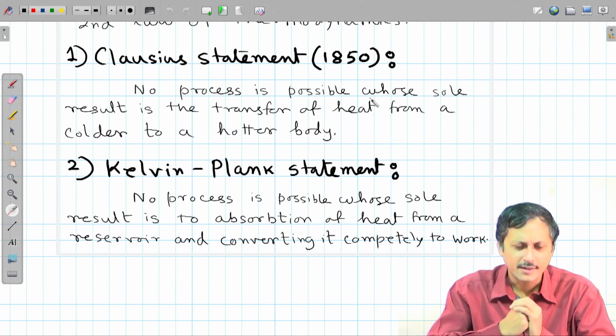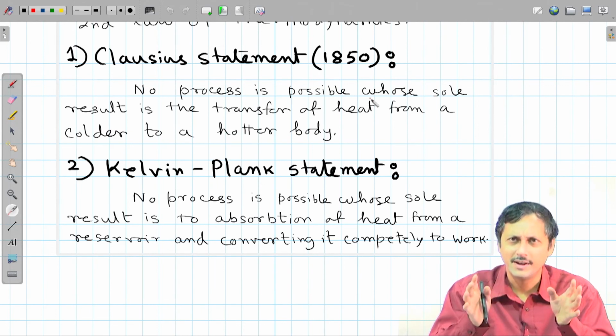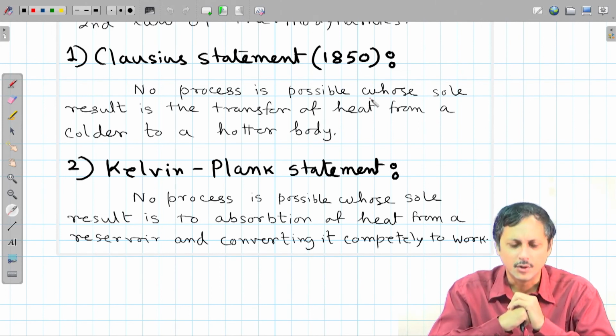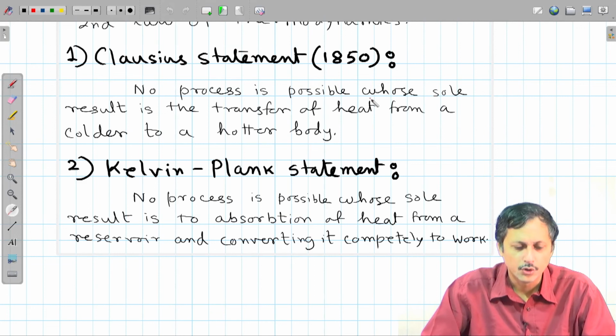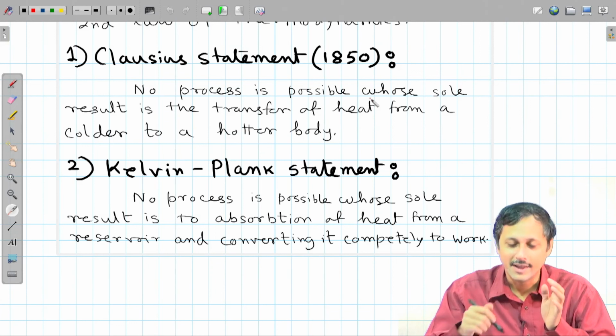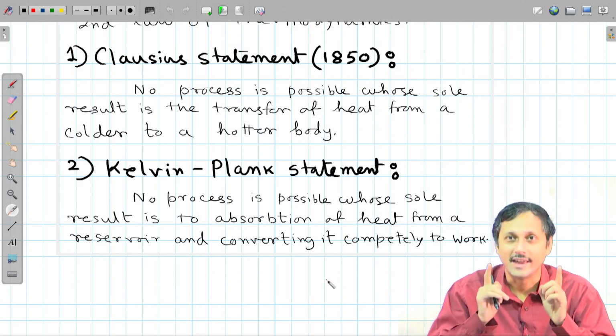refrigerator. And then the Kelvin-Planck statement; actually Kelvin and Planck separately made two statements which were later combined into one single statement that says no process is possible whose sole result is the absorption of heat from a reservoir and convert it completely to work. So, the Kelvin-Planck statement actually discards the concept of an ideal heat engine.